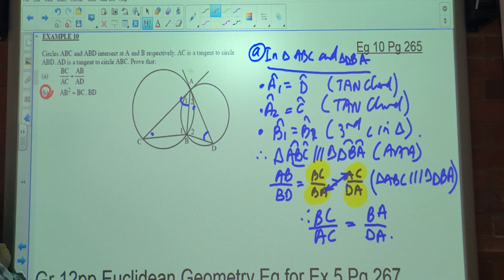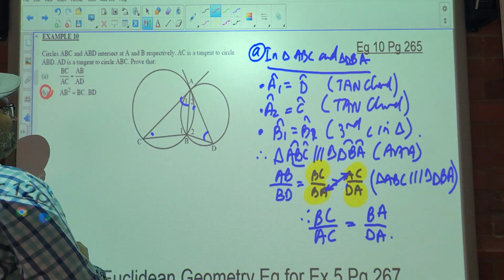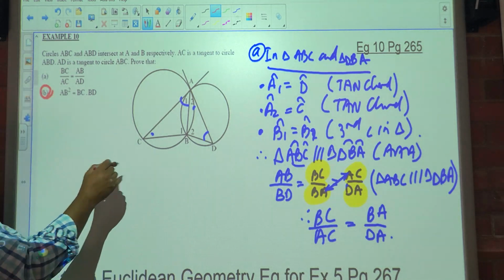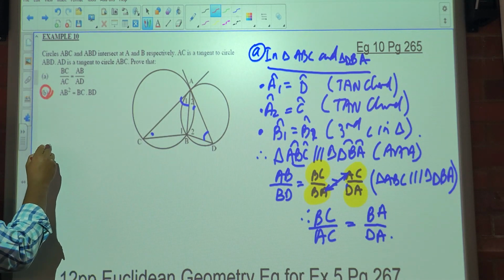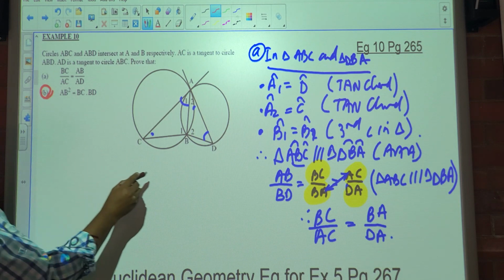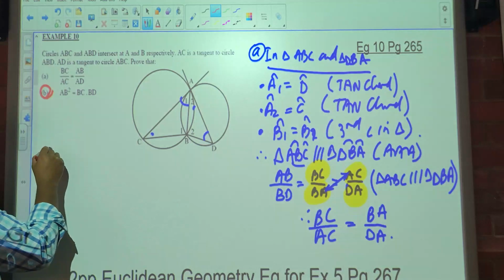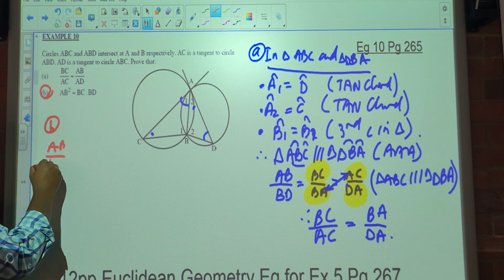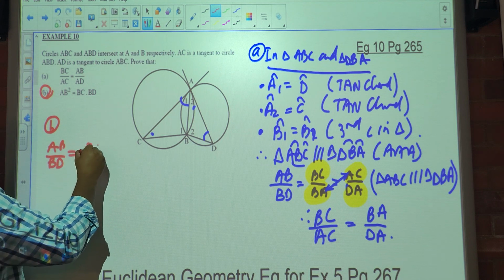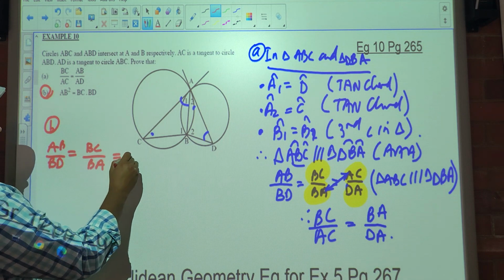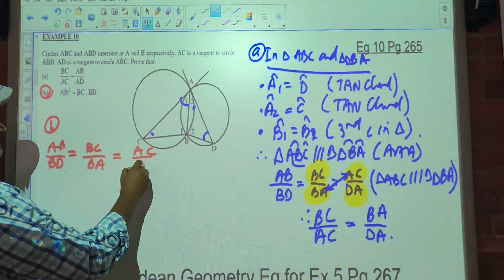B is talking about AB squared. Right, so remember from the two triangles, what do we know? We know that AB over BD is equal to BC over BA is equal to AC over DA.